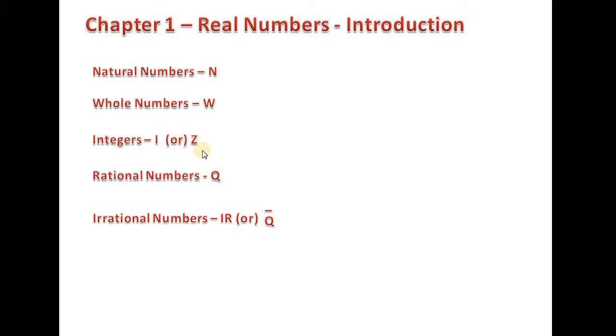Now we will understand what exactly each set consists of. So let us go one by one. First of all, if you talk about natural numbers, how will natural numbers get started? Natural numbers start from 1, 2, 3, 4 and so on. So this is the natural number set. Whole numbers start from 0, 1, 2, 3, 4 and so on.